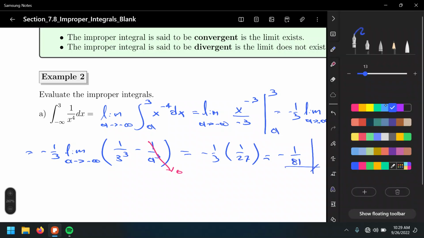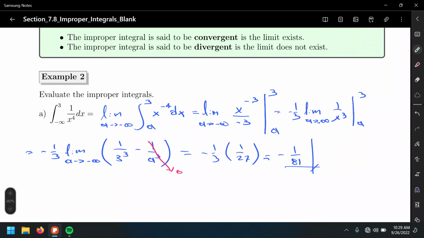And because we got a finite value, we say that the integral converges. Otherwise, if we get a DNE or an infinity value, the integral blows up to infinity and diverges. Okay.